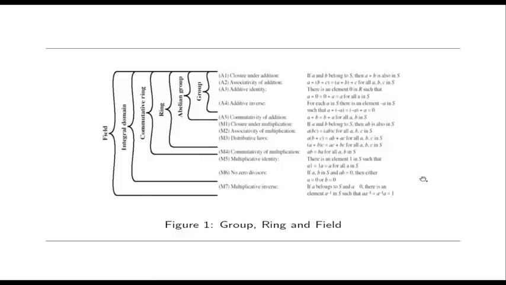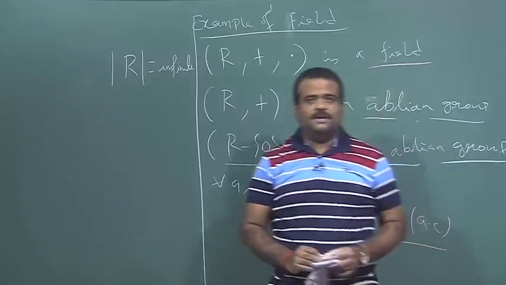If A B is 0, where 0 is the identity element of plus, then either A is 0 or B is 0. And if we also have the multiplicative inverse for each element other than 0, then it is called a field. So this is the hierarchy of the field. Thank you.